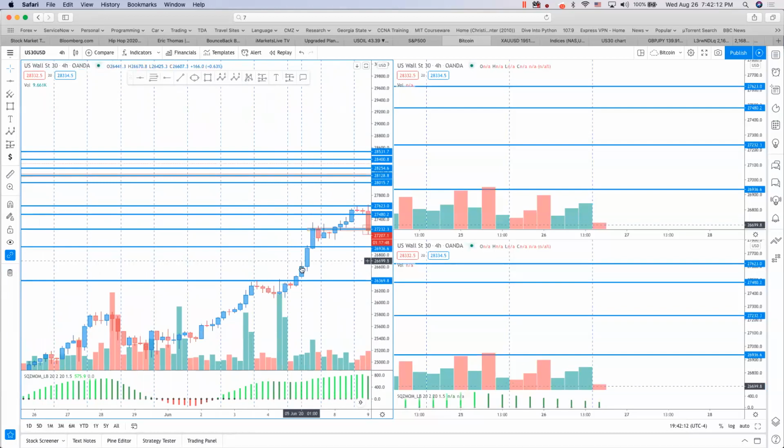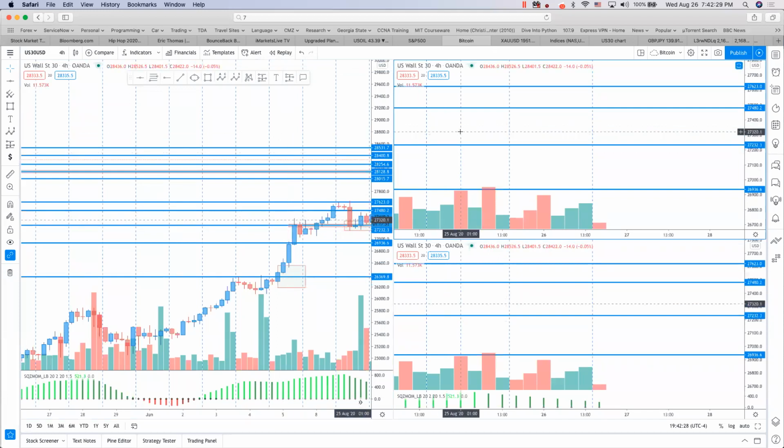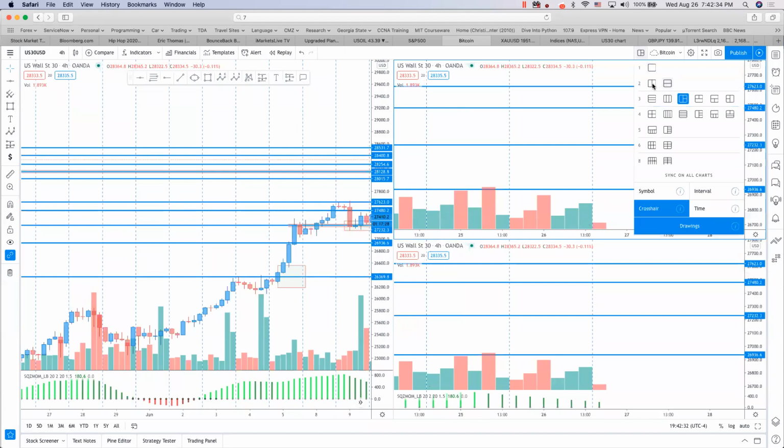Okay. This low near this zone, right? Yeah, let me show you. Let me just do them side by side.